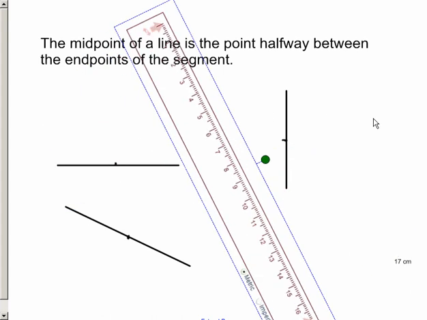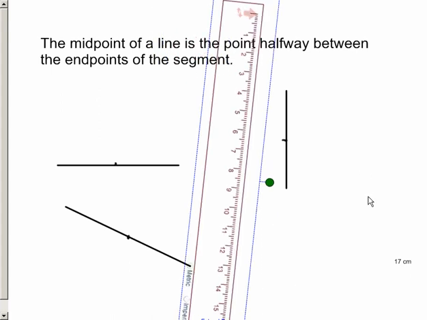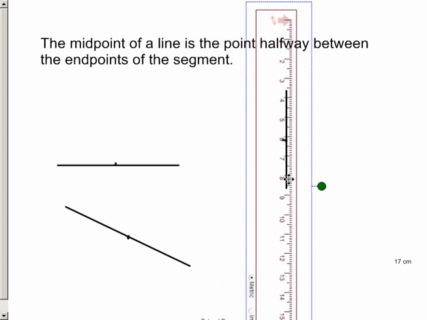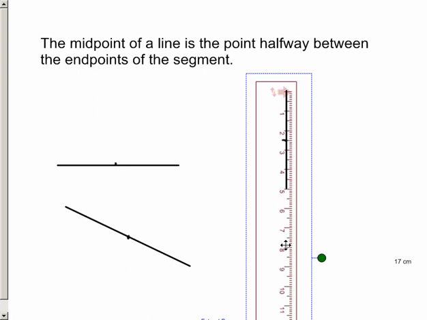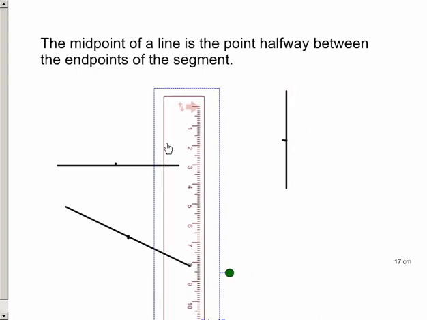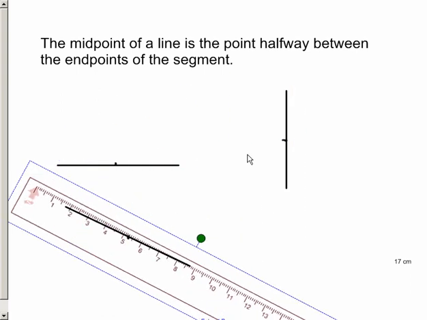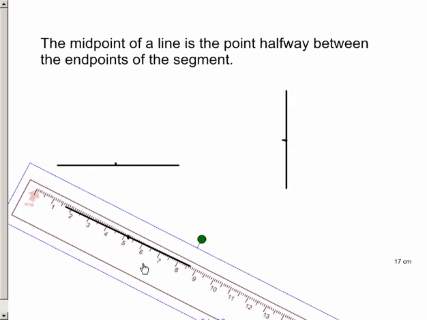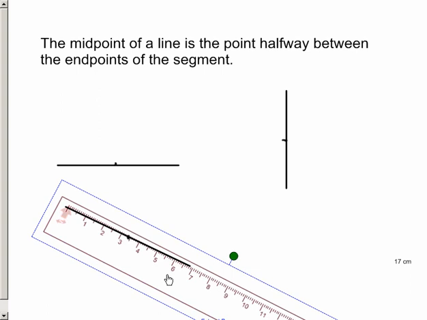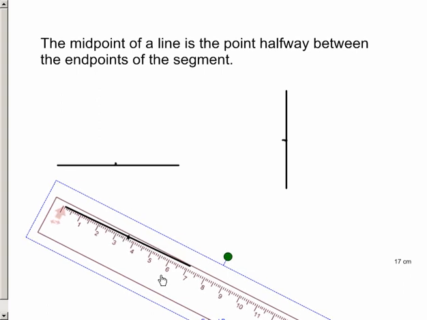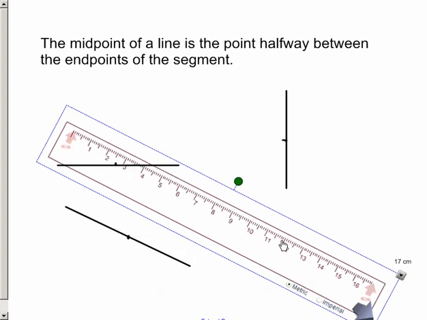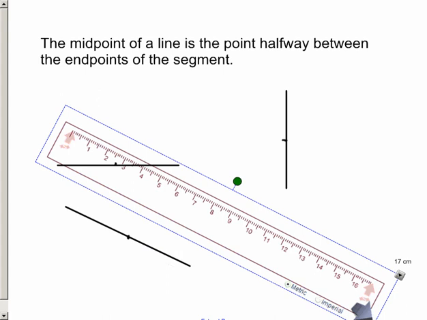You might be asked to find a midpoint on a line that's drawn vertically, and again, I'd be measuring my line. This was about 5, so my midpoint halfway is about 2.5. You also might see another vertical line, and you'll be able to measure or look at its placement on the grid and figure out half of that. 7 is about 3.5. So that too will be one of your assignments in your math journal.